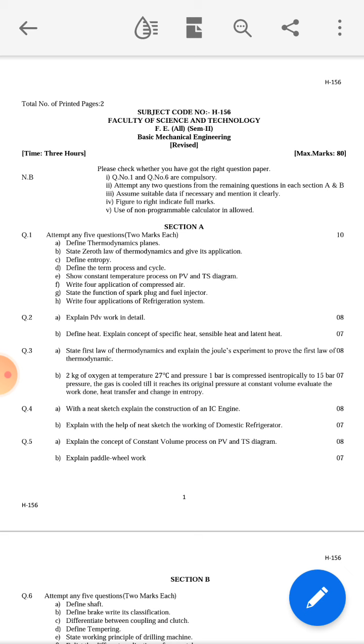Next, state the function of spark plug and fuel injector, right? Here spark plug is present in the petrol engine and fuel injector is present in the diesel engine. In the petrol engine, when charge is compressed, spark ignites. So spark plug ignites the spark, and due to this explosion takes place, right?